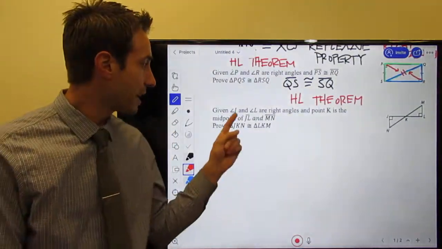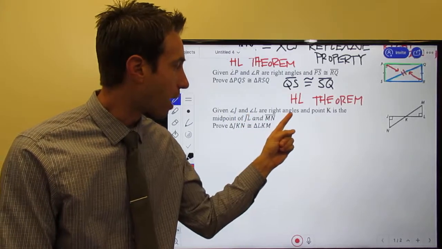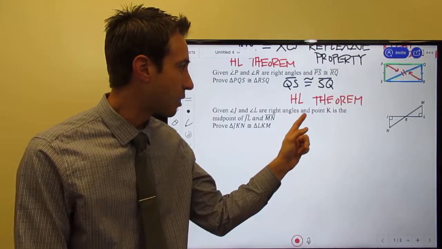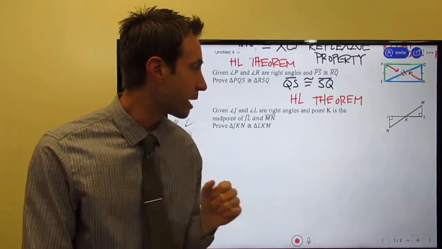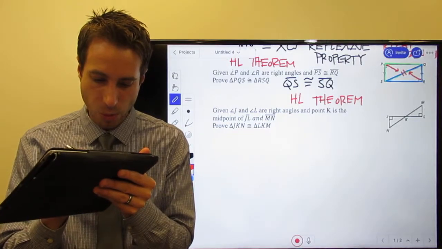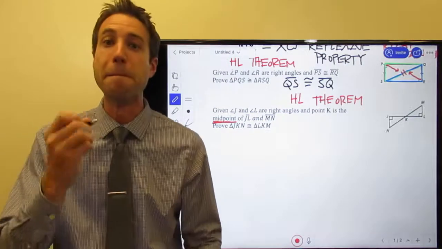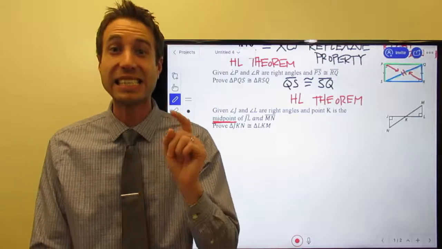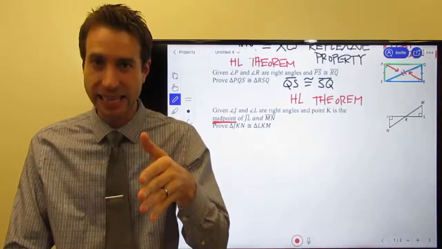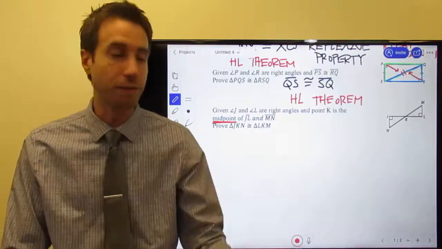All right, they tell me that J and L are right angles, which is given to me in the diagram. Fantastic. They then tell me that point K is, oh, there's another great word. You should remember this from way back in chapter 1. Midpoint means that it is the point exactly in between, right in the middle of two other points.